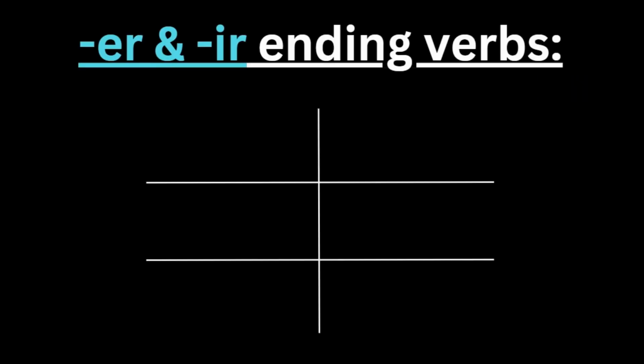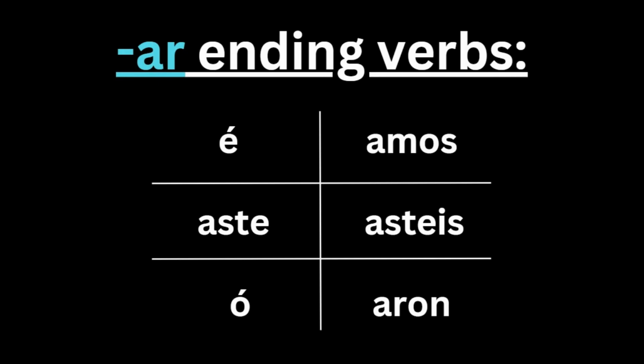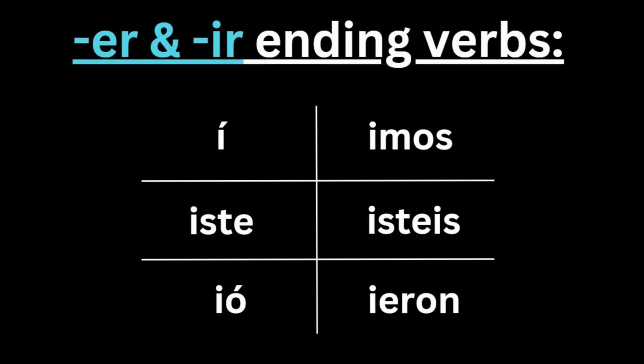Now, there are verbs ending in ER and IR, and conveniently, unlike the present tense, which has a different conjugation pattern for each type of verb, Spanish decides to use the same syntax for the past tense of verbs ending in ER and IR. Both verbs that end in ER and IR share the same ending, which makes for an easier conjugation pattern to memorize. For the yo pronoun, you drop the ending of the verb ending in ER or IR, and you add the ending í with an emphasis on that vowel.